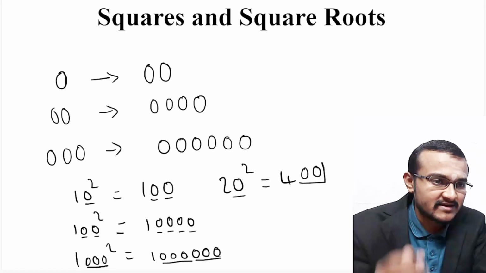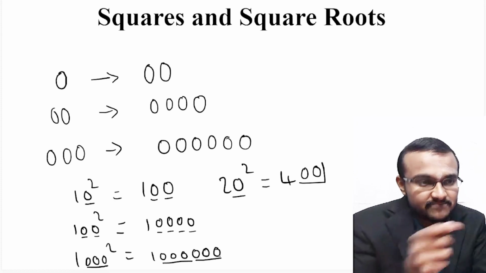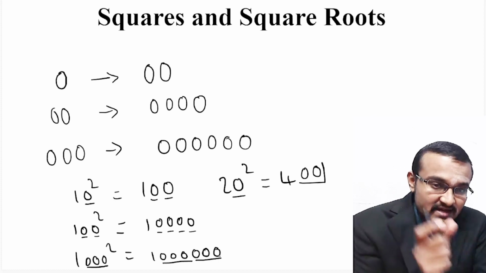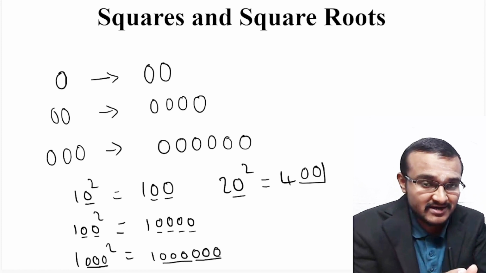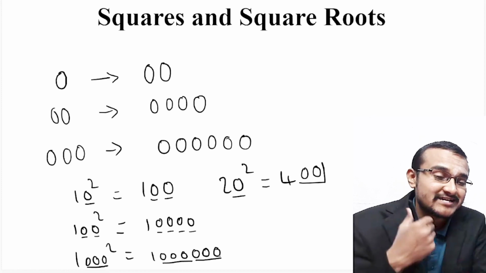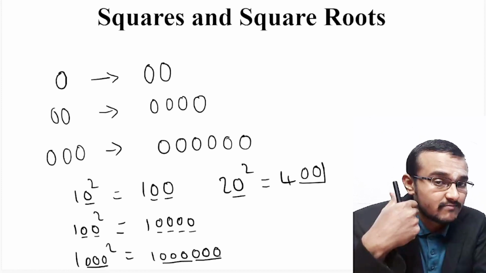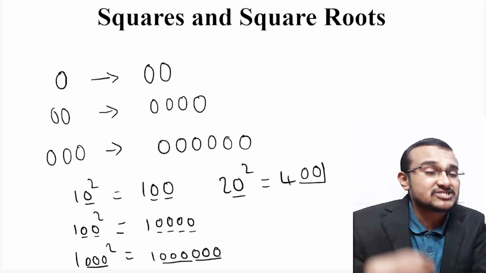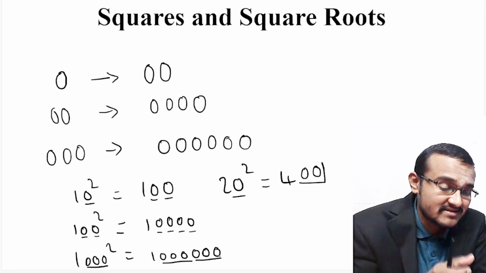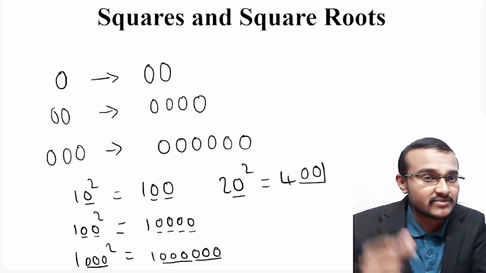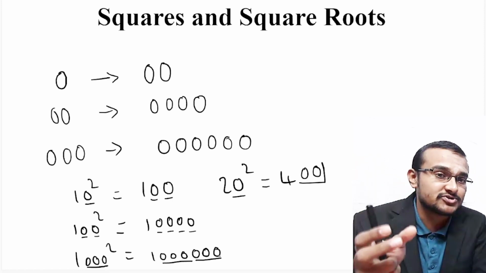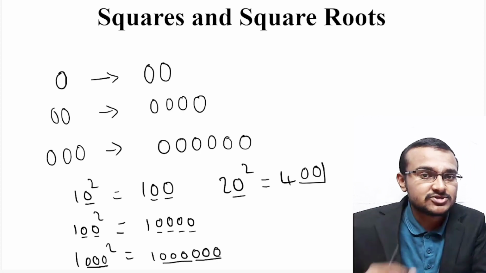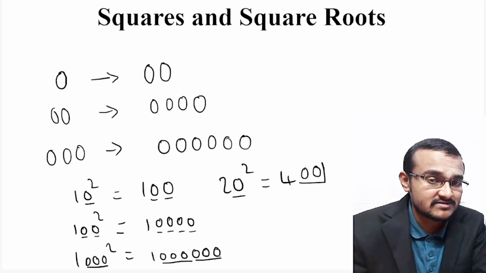Any number you take which is ending with 0, you should see with how many zeros that number is ending, and you should predict that if you take the square of that number, the ending of that square will have twice the zeros which the original number had. So this is one more property in squares.